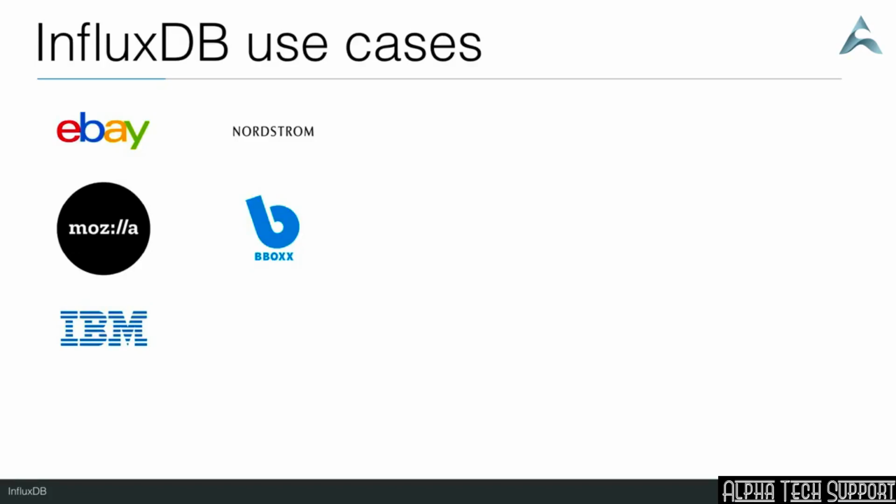eBay uses InfluxDB across a variety of projects, including monitoring cloud infrastructure services, like Elasticsearch as a service, performing anomaly detection on IT infrastructure, and providing data quality dashboards. Nordstrom uses InfluxData to support their company-wide cloud infrastructure monitoring and control needs.